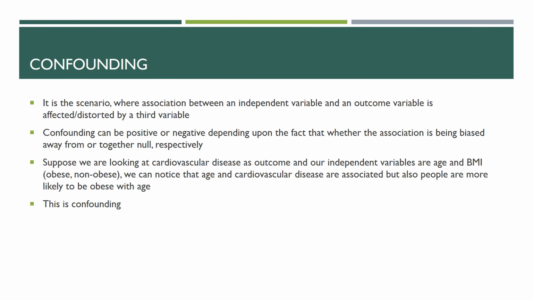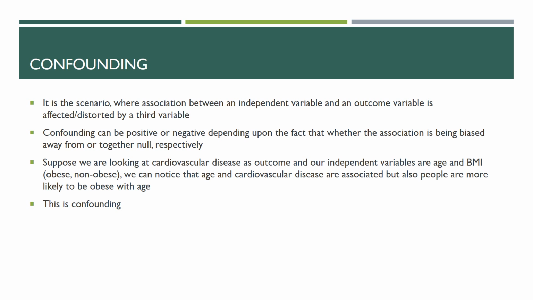Confounding is the scenario where the association between an independent variable and an outcome variable is affected or distorted by a third variable. Confounding can be positive or negative depending upon whether the association is being biased away from null or pulled towards null.